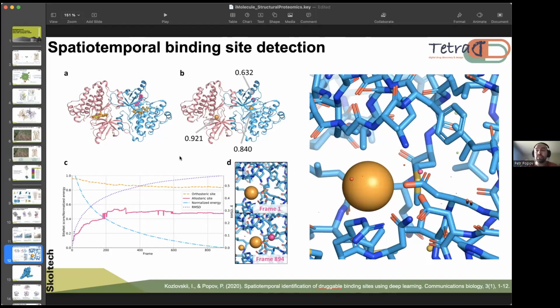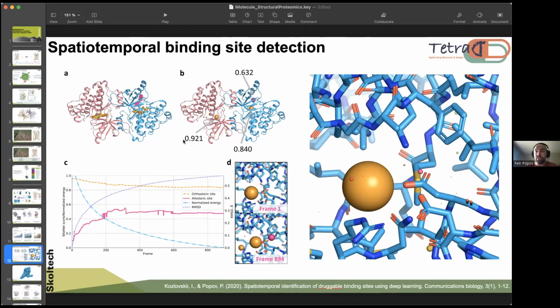In the static structure, it can be closed, it can be collapsed. So we do need to take into account the dynamic information. We do not have experimental data for this, but we do have computational tools, like Monte Carlo or molecular dynamics simulation.